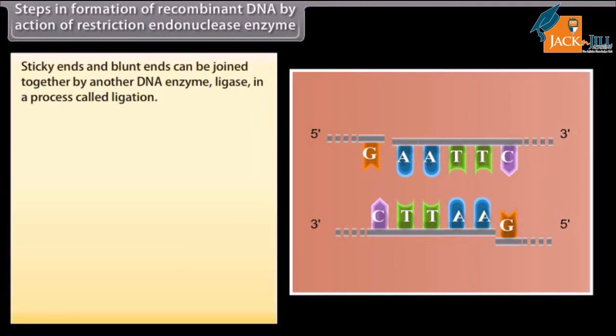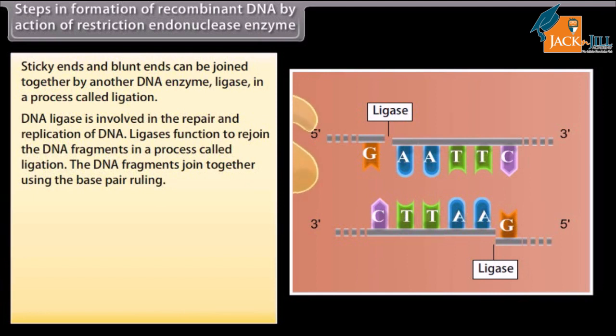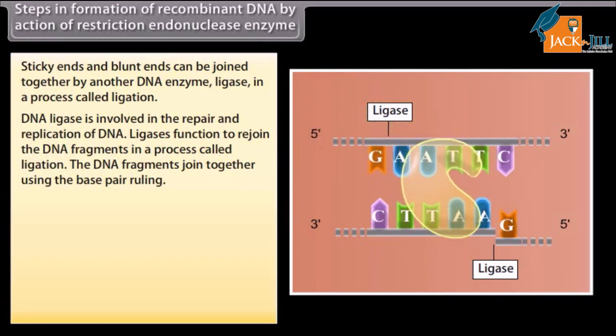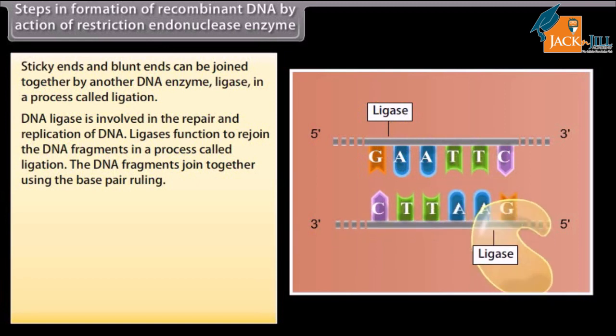Sticky ends and blunt ends can be joined together by another DNA enzyme, ligase, in a process called ligation. DNA ligase is involved in the repair and replication of DNA. Ligases function to rejoin the DNA fragments in a process called ligation. The DNA fragments join together using the base pairing rule.